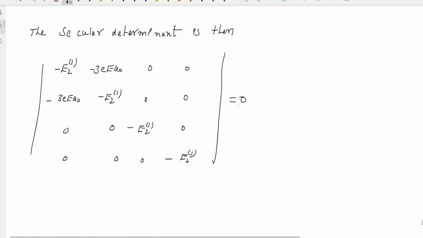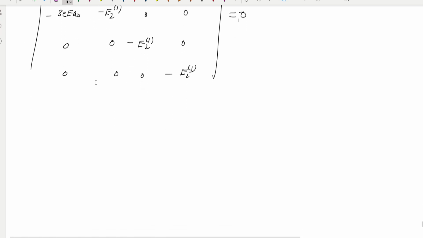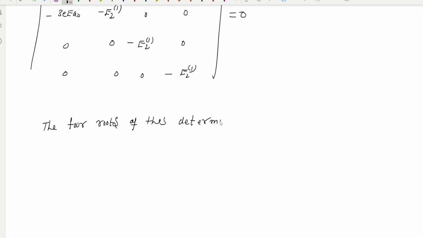The four roots of this determinant equation are 3 E A naught, minus 3 E A naught, 0, 0.